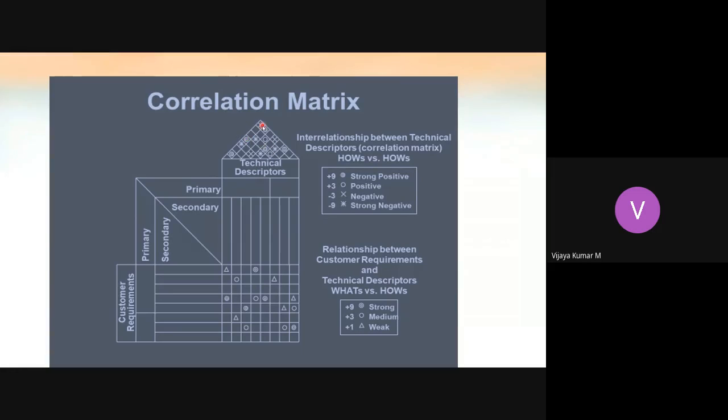And generally, these are the symbols we will provide. I said you already. In this way, you have to develop your technical descriptors. If you observe carefully, 1, 2, 3, 4, 5, 6, 7, 8. Here 8. Therefore, you have to generate 8 rows here. 8 rows like this. Let me draw it here.